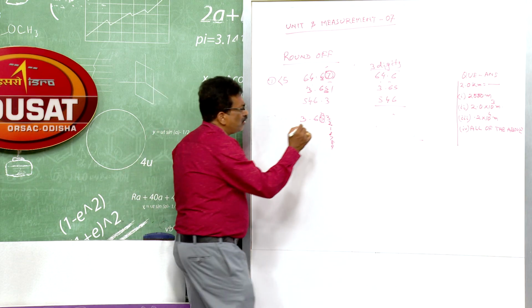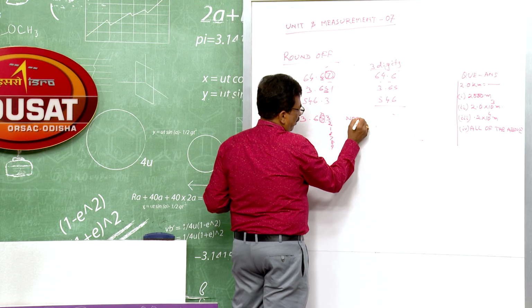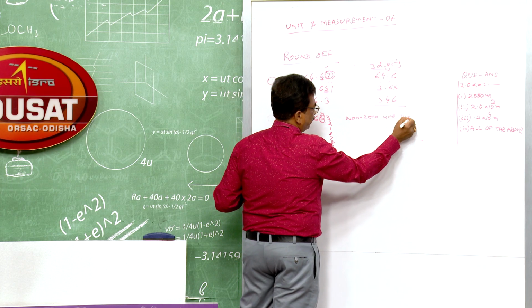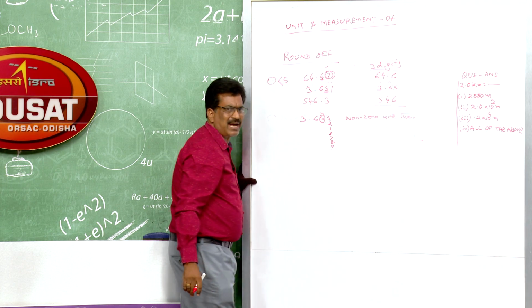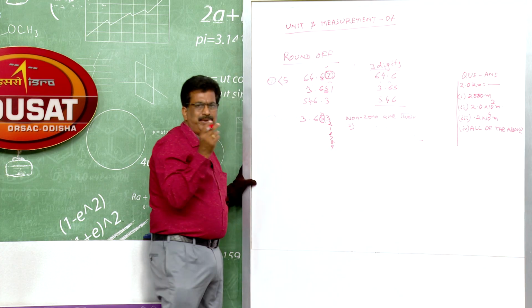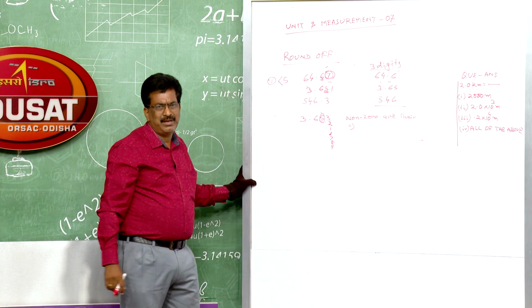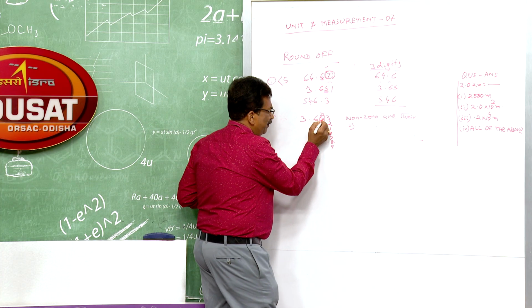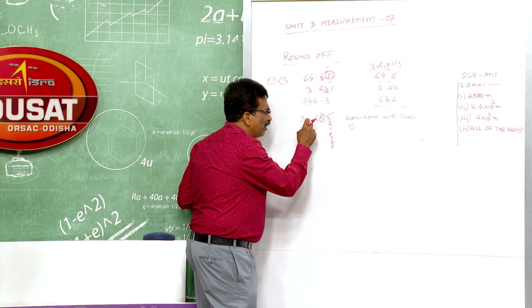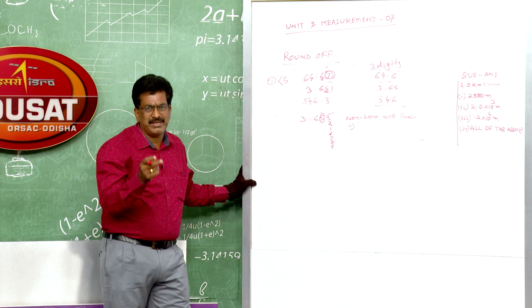If non-zeros are there, then the preceding one is to be added with 1. Suppose this is the case, it is followed by 3. So 3.65 will become 3.66.